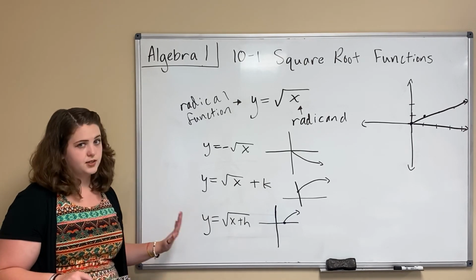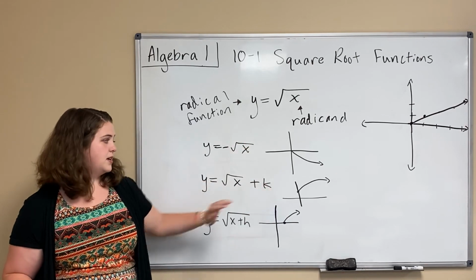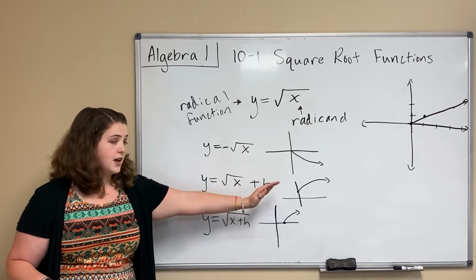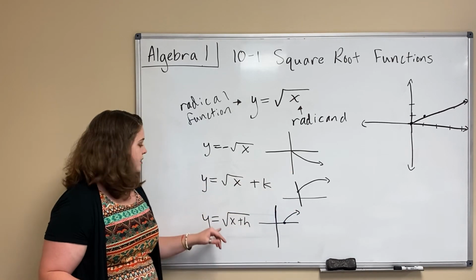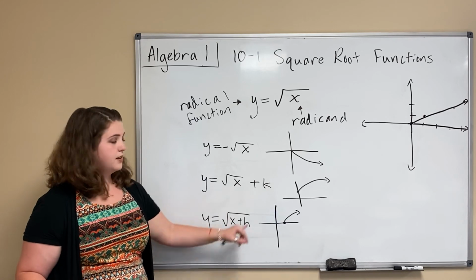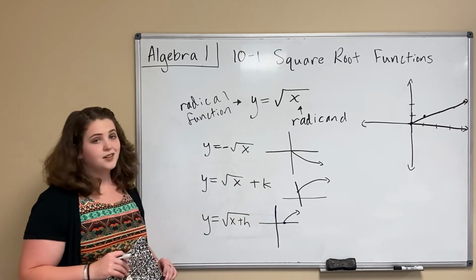Hopefully this makes sense because it's really similar to what we did with quadratics. Negative sign, upside down. Add a k on the outside of the radical, moves it up and down. Add an h on the inside of the radical, moves it left to right. You guys got this.